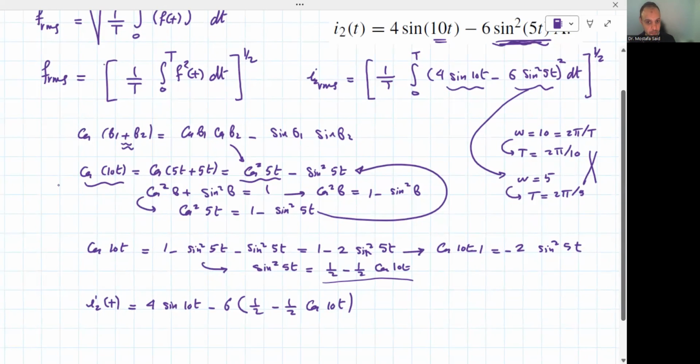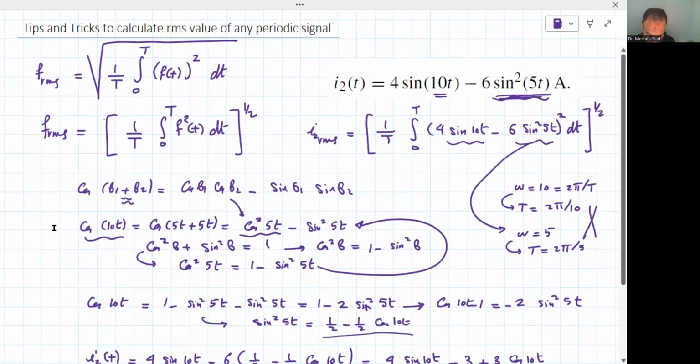So we can basically find the capital T, the period, and solve the integral. So that's equal to 4 sine 10t minus 3 plus, because minus times minus is plus, 3 cosine 10t. Good.